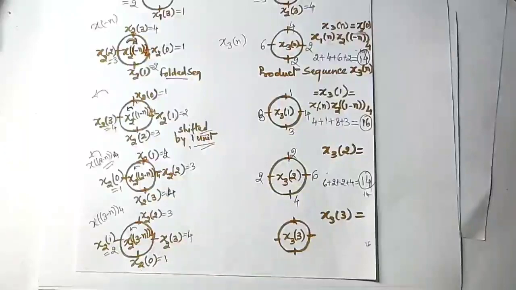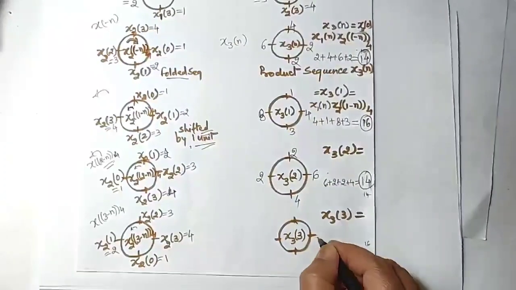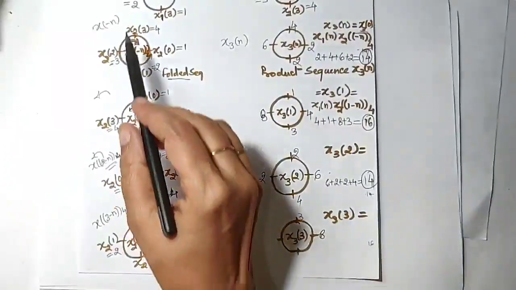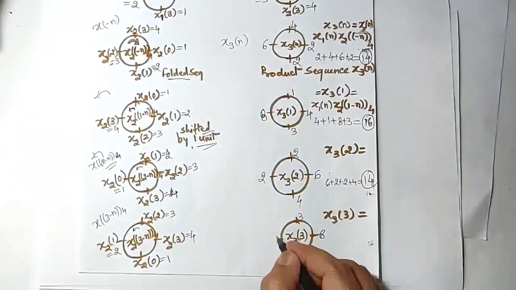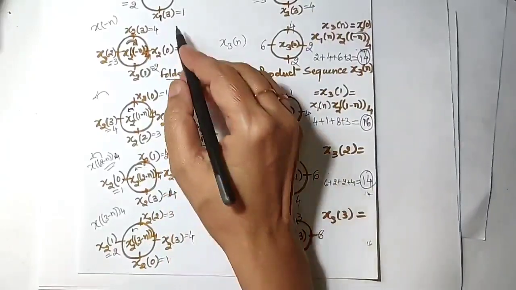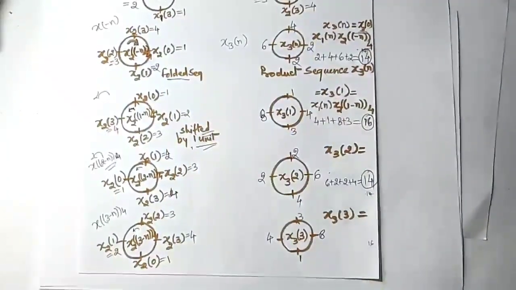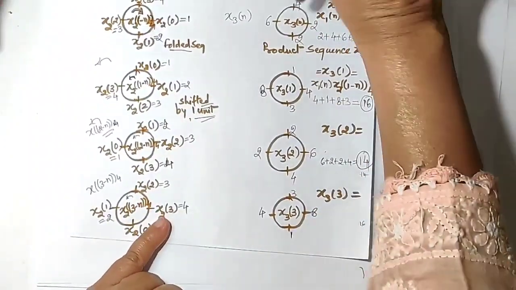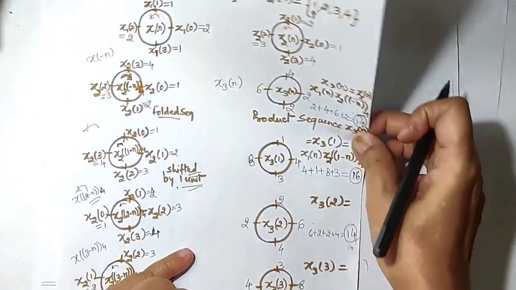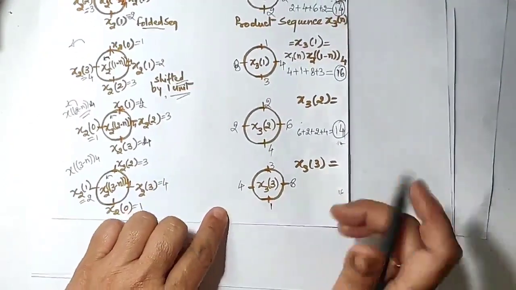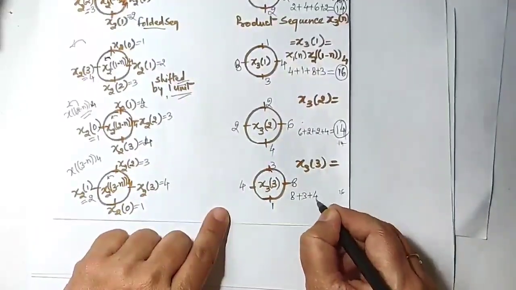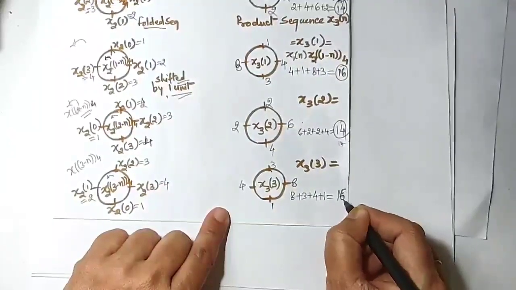I have written it here again anti-clockwise, and now I multiply: 4 into 2, 8, then 3 into 1, 3, then 2 into 2 is 4, and 1 into this 1 is 1. Then again the fourth step is the sum of all these product samples. So this will be 8 plus 3 plus 4 plus 1. That will be again 16.